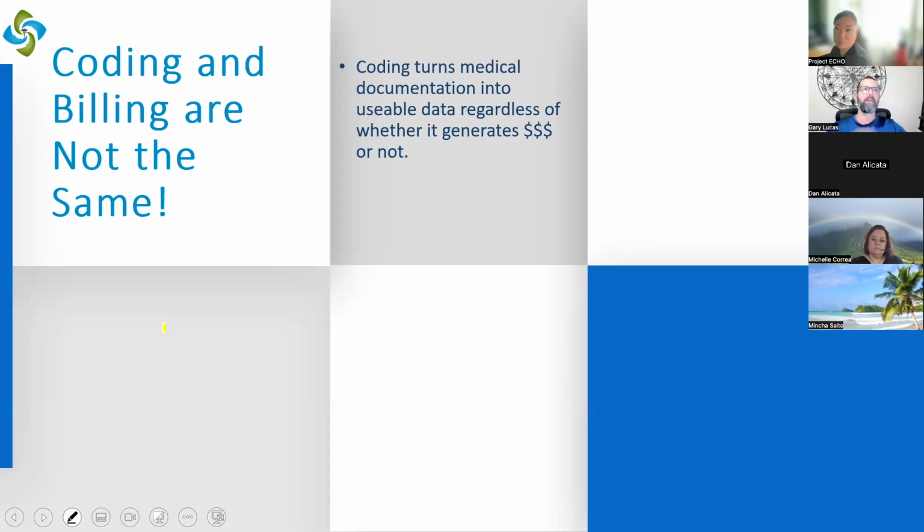Much of that data can be gathered by the substance and opioid use plans that you're a part of, whether that is using CPT Category 2 performance measurement codes, if they're tracking your diagnosis codes to potentially impact the payments that you receive on a per member per month basis.